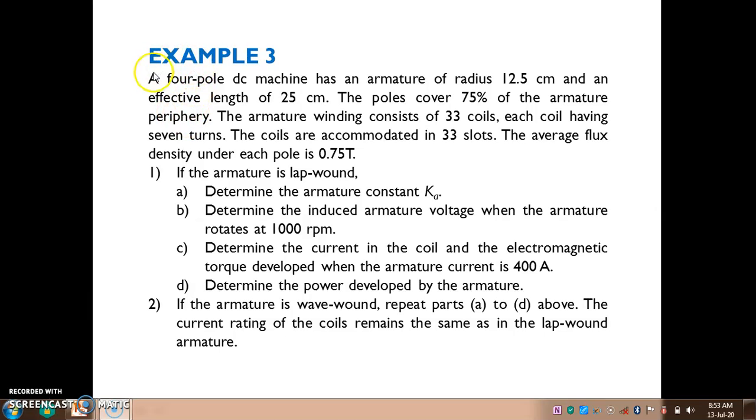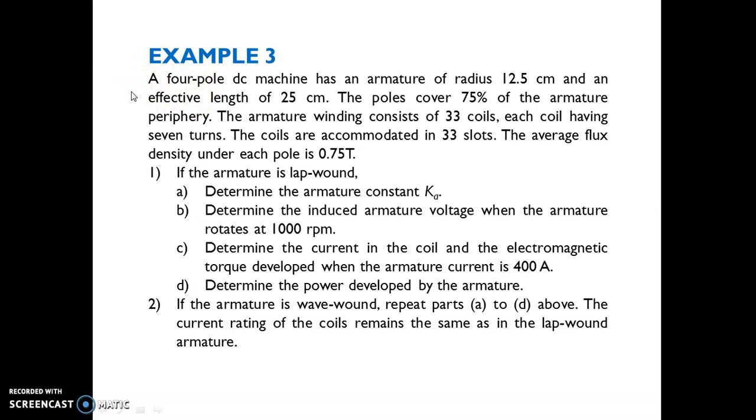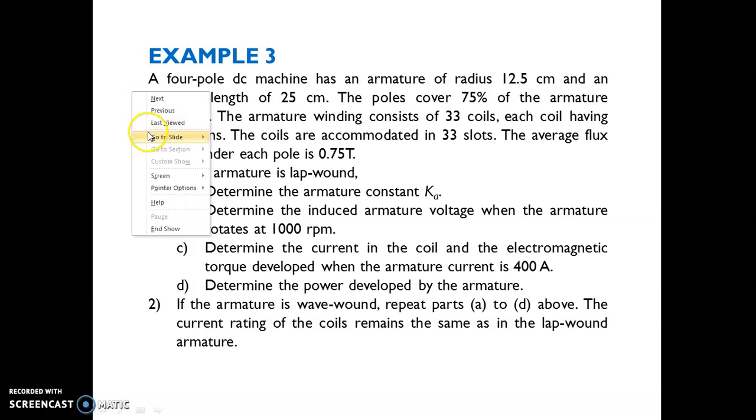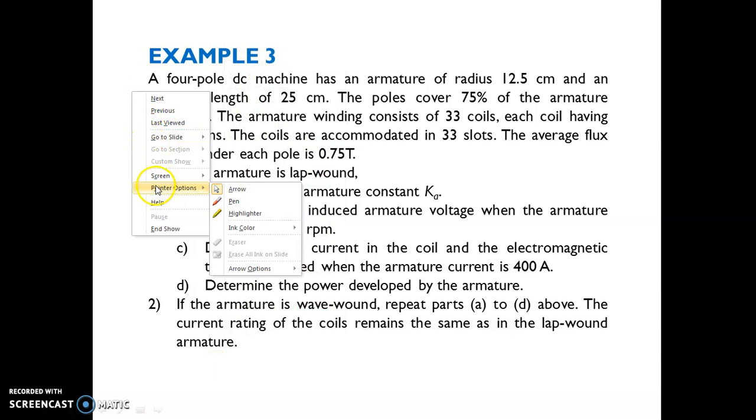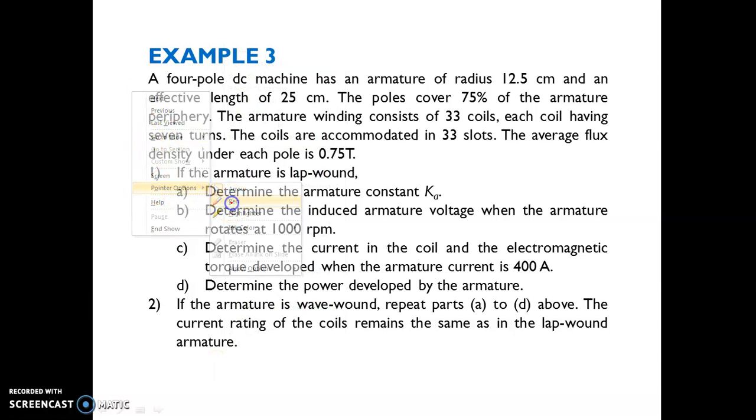This is another question, example number 3. After that this topic will be over and we will go to the next topic. This question is saying a 4-pole DC machine has an armature of radius 12.5 centimeter and an effective length of 25 centimeter.